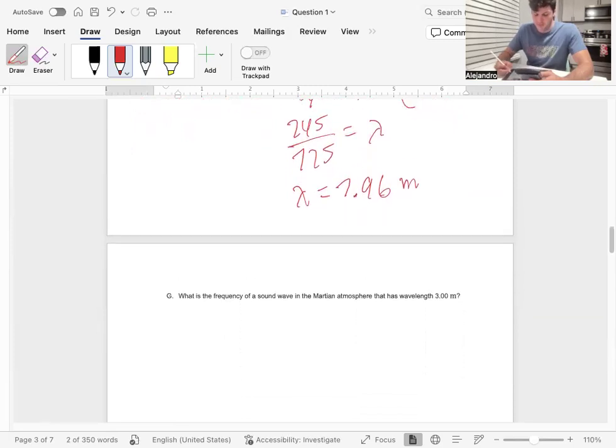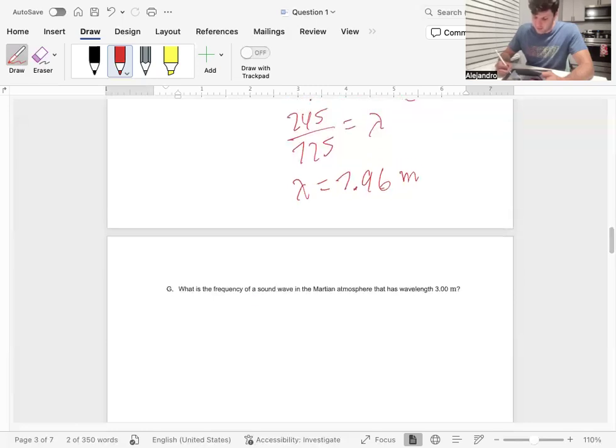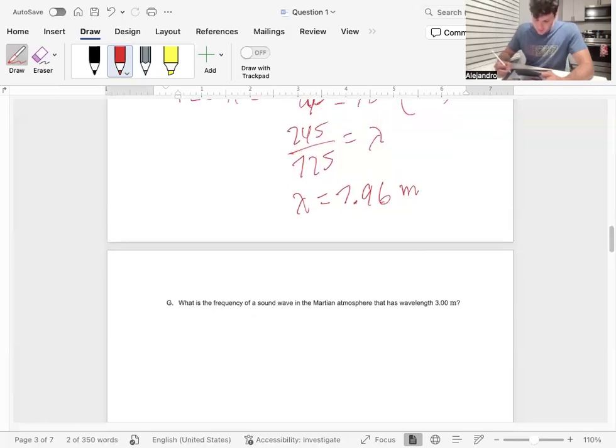Okay, for G. What is the frequency of a sound wave in the Martian atmosphere that has a wavelength of 3 meters? The wavelength is given to us. It's 3 meters this time. Frequency is what we need to find.